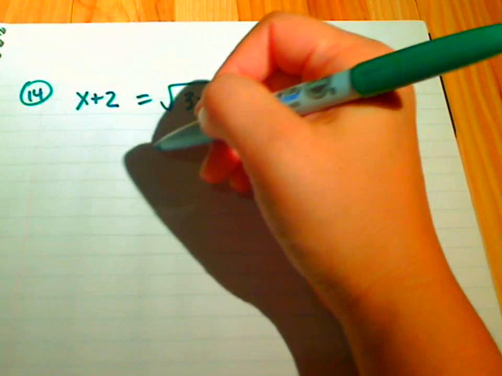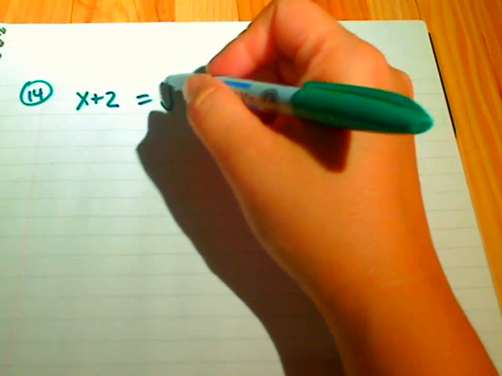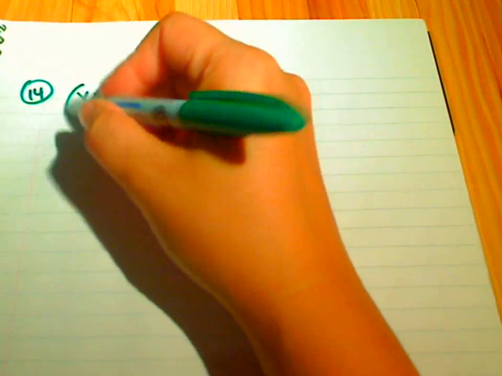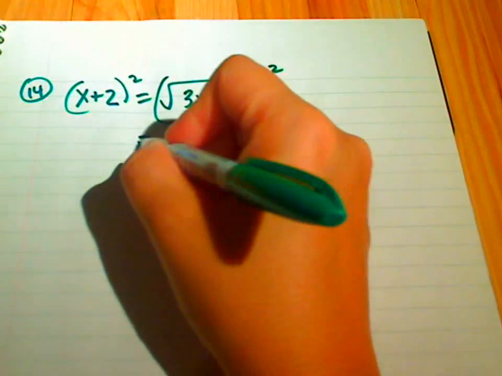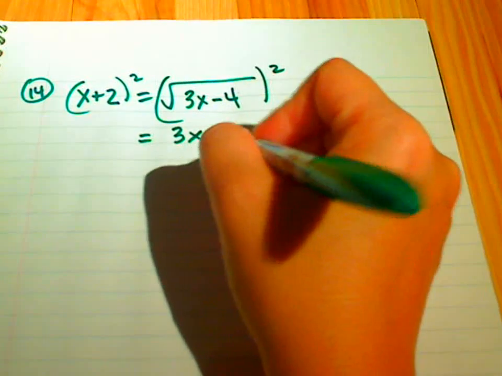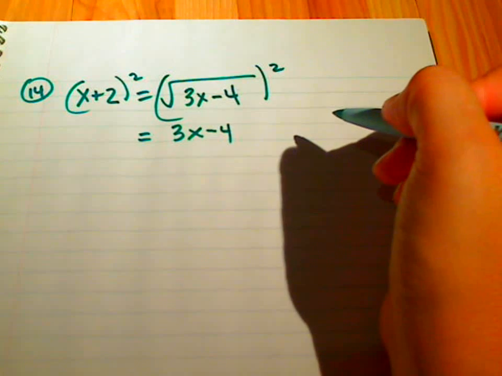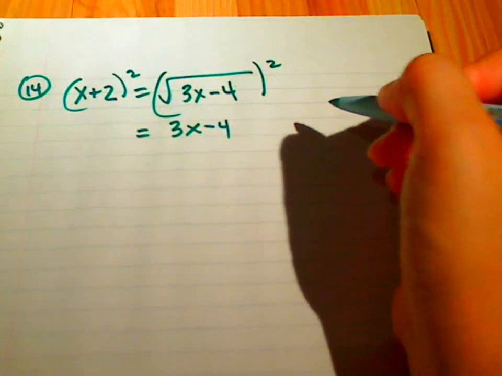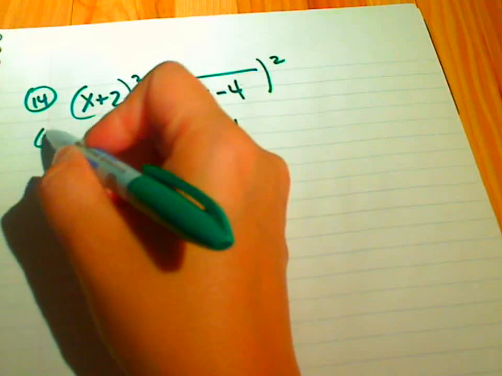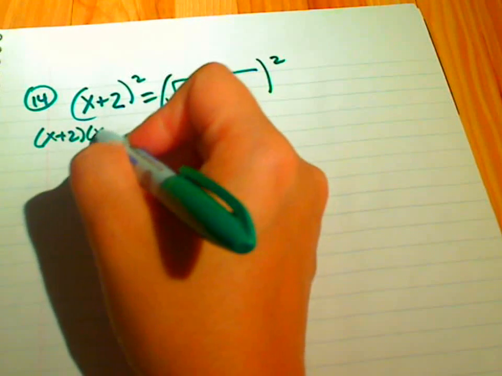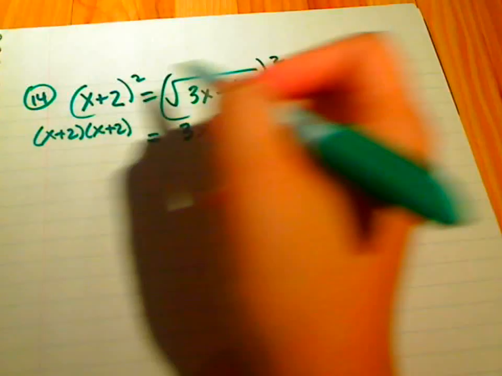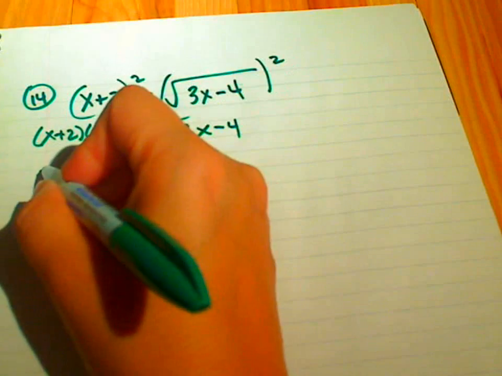Okay, I don't need to add or subtract anything over, so I'm going to square this side and square this side. And I'm going to get 3x minus 4 here. But now I have to square this part, x plus 2 times x plus 2. So this is where a lot of your earlier skills come back into working together.